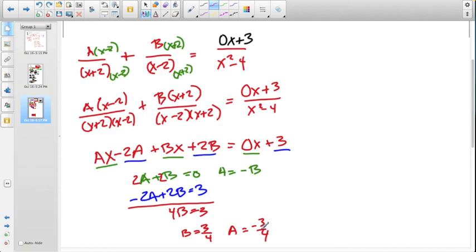And so if we look at that, then we have, kind of running out of space here, but we have negative 3/4 over x plus 2. And then we have 3/4 over x minus 2.